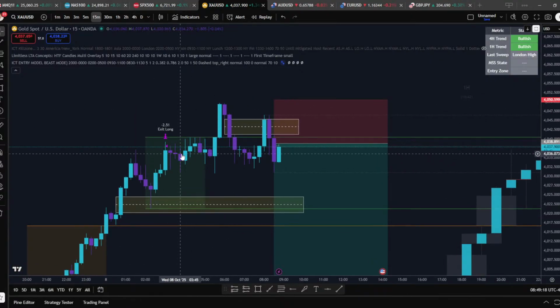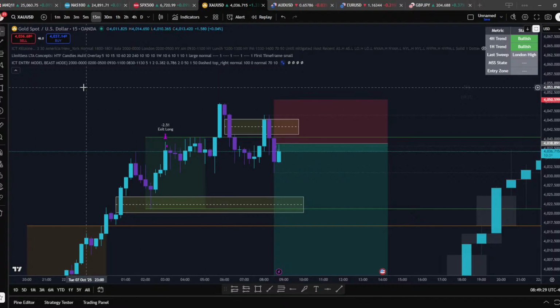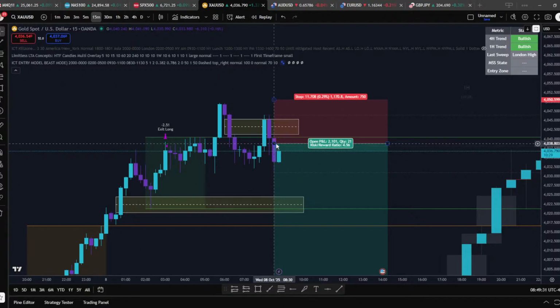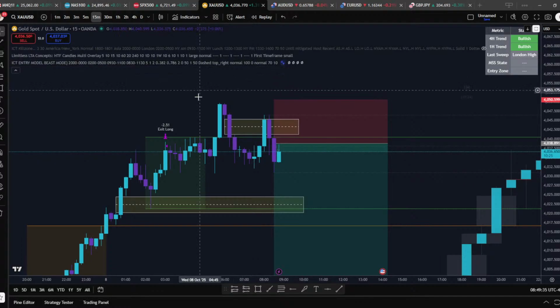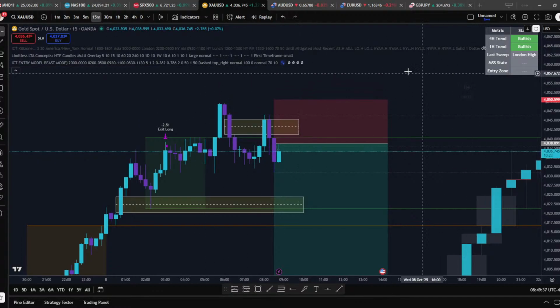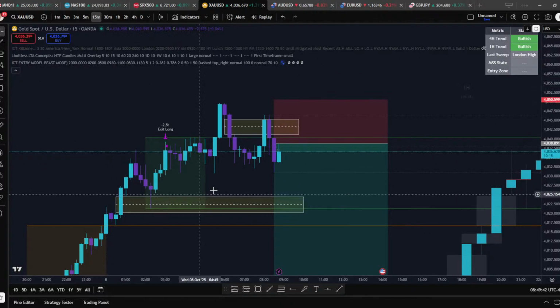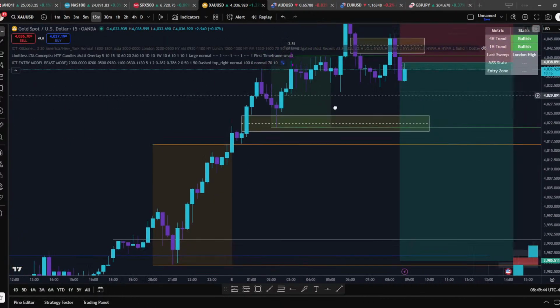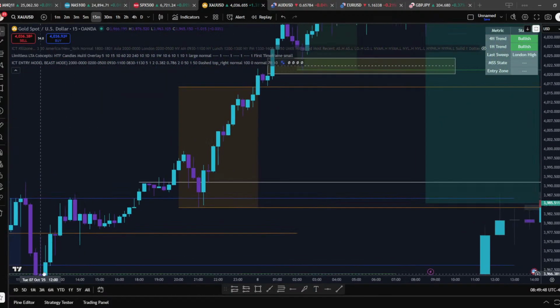Okay, let's break this down, guys. This wick here might be the only thing that's concerning on this trade. Why did I draw up this as a short? Let's break it down. So what's working against us on this trade is the fact that we are at all-time highs and we're trending upwards. As you can see, I could literally do that. We're trending upwards, right?